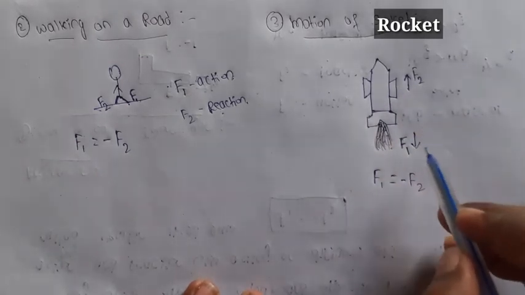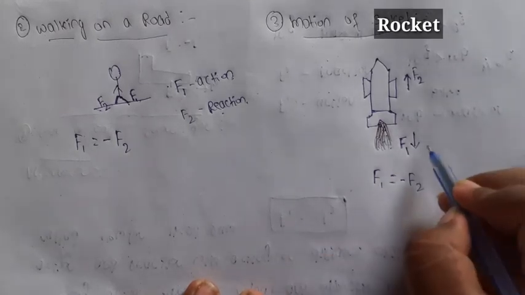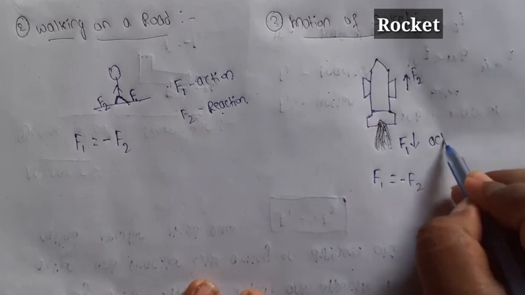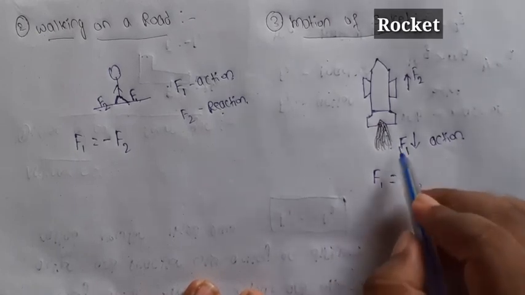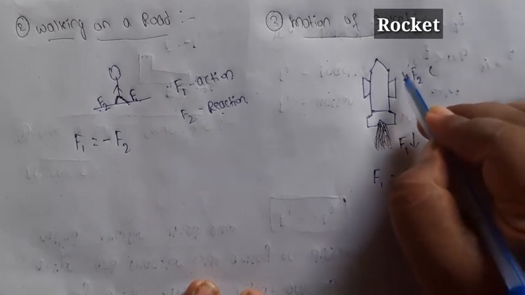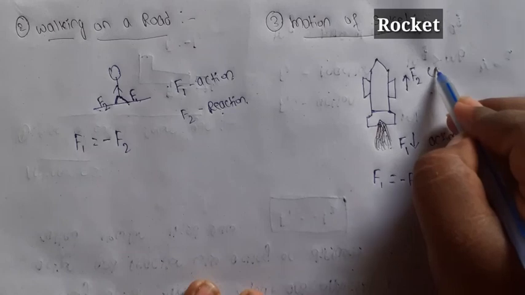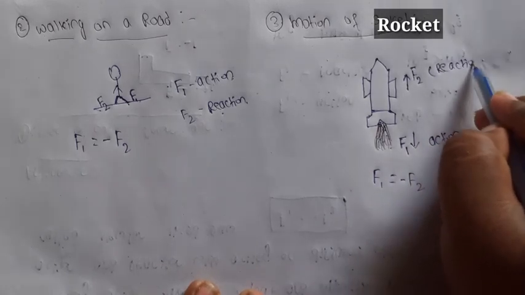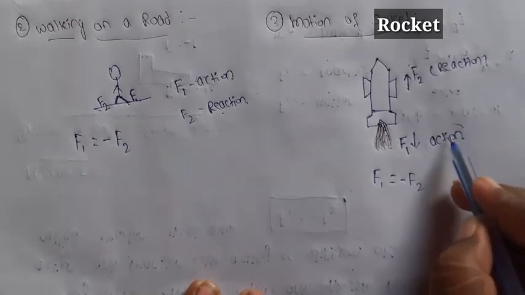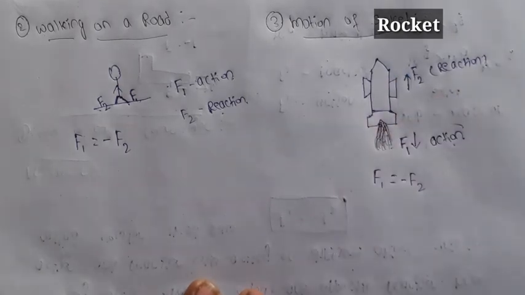So both forces are in opposite directions. F1 equal to minus F2. Here the action is F1, we are burning the fuel in the rocket. The reaction is the motion of the rocket with the force F2.